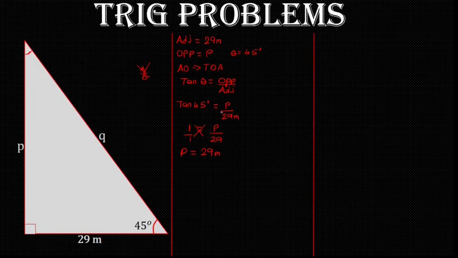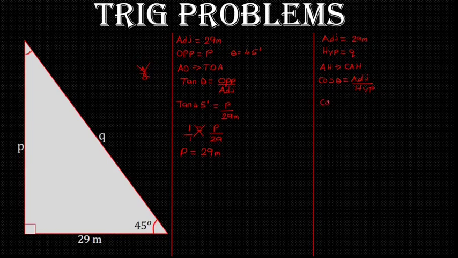Let's find our Q. For our Q, adjacent remains 29 meters, and then our hypotenuse is Q. AH reminds us of CAH, and CAH stands for cos theta is equal to adjacent over hypotenuse. Theta remains 45.